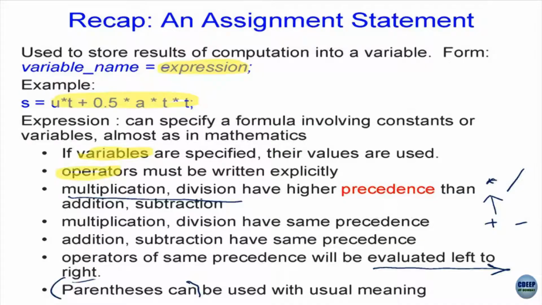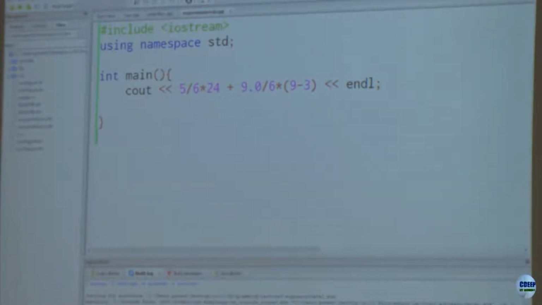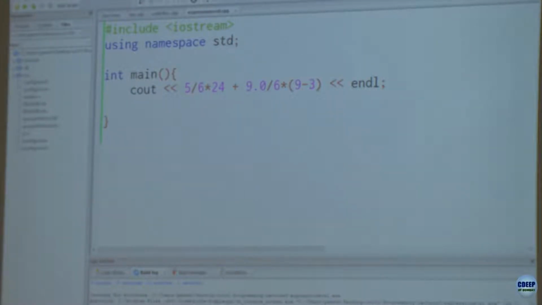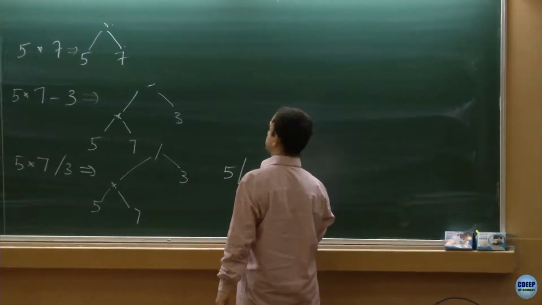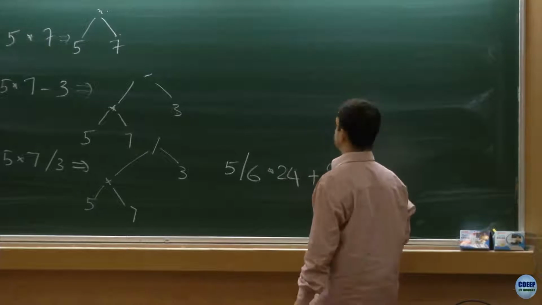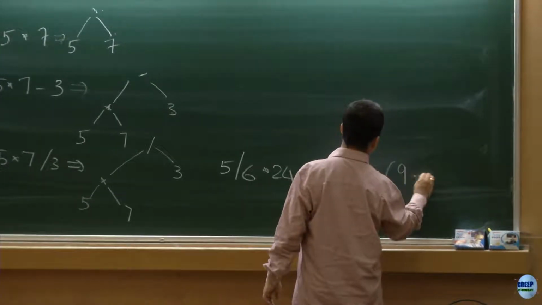So let me give you a problem. The expression is (5) divided by 6 into 24 plus 9.0 divided by 6 into 9 minus 3.